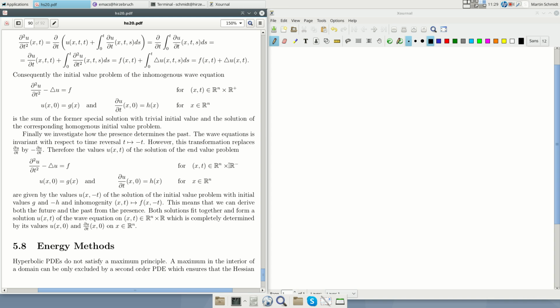So we look for solutions for negative times if we fix the values for time 0. So if we fix the present, how the past looks like for the solutions. And we do it immediately also for the inhomogeneous equation. Now, since time reversal doesn't change the equation, it's quite simple to solve this equation.